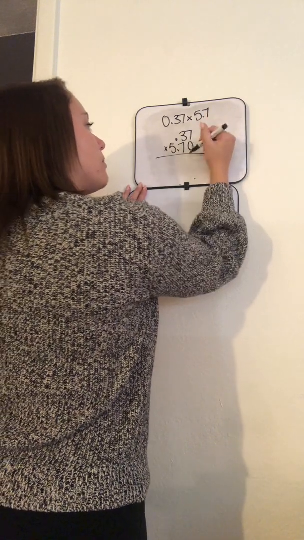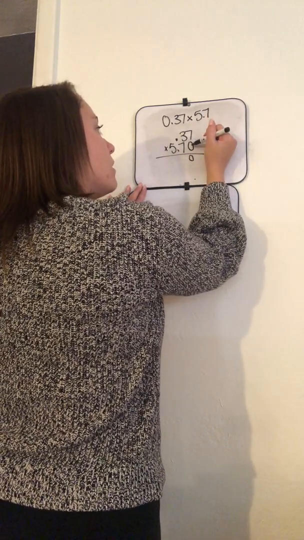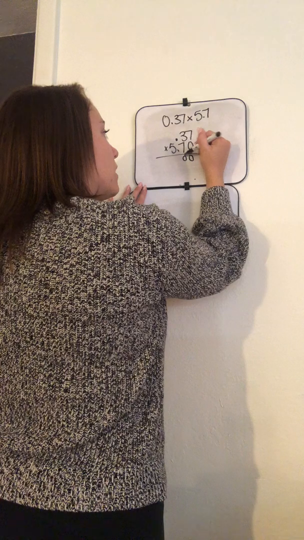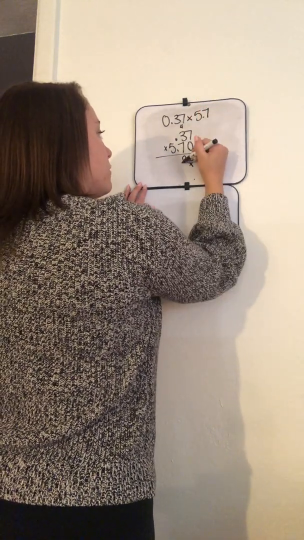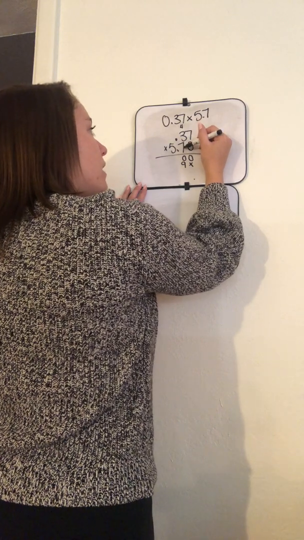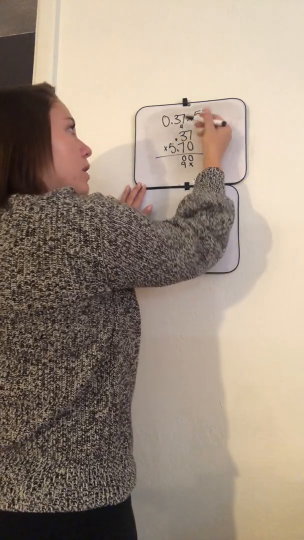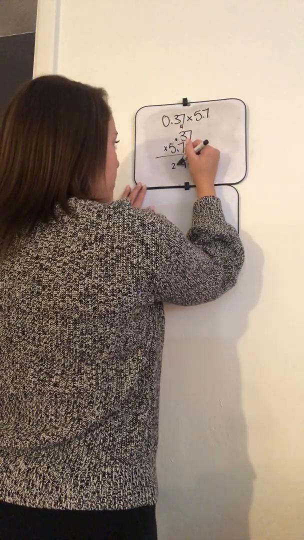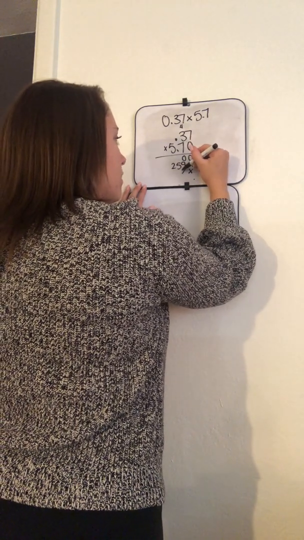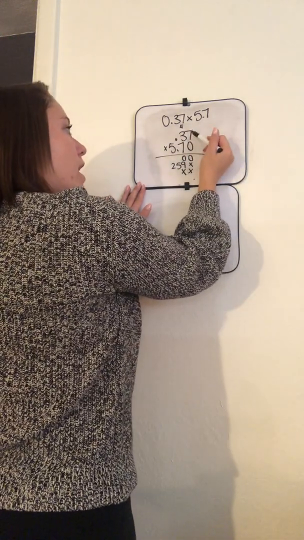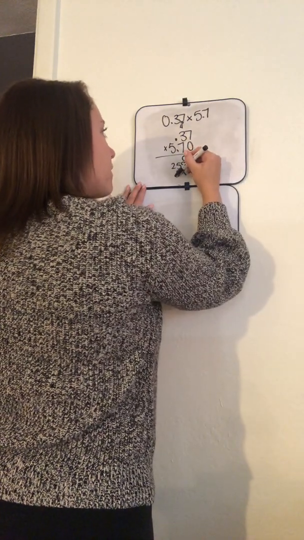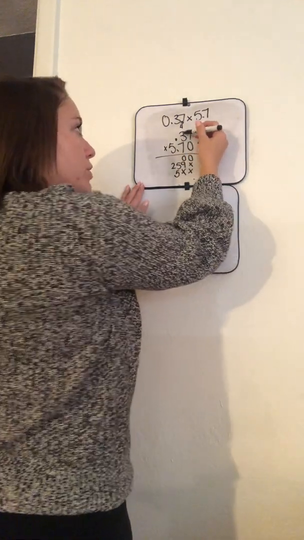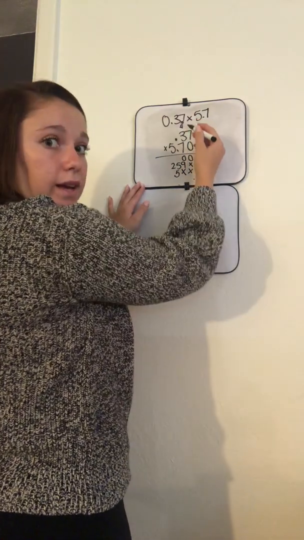So 0 times 7 is 0, 0 times 3 is 0, 7 times 7 is 49, 7 times 3 is 21, plus 4 is 25. 5 times 7 is 35. 5 times 3 is 15, plus 3 is 18.